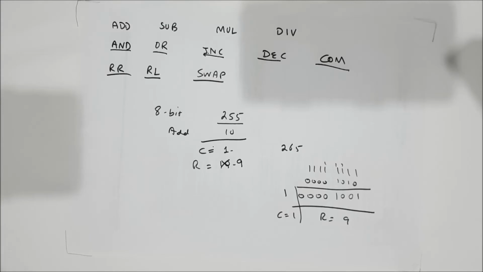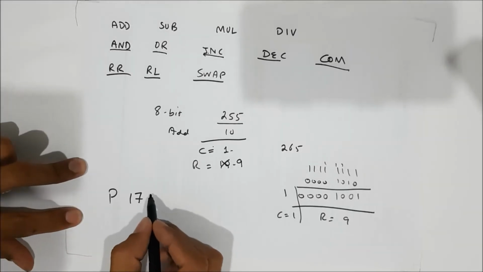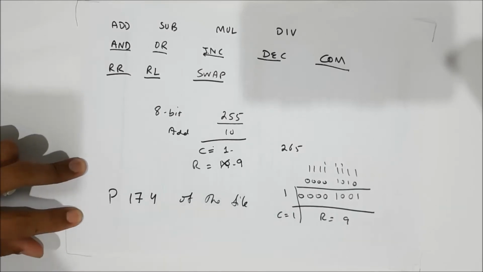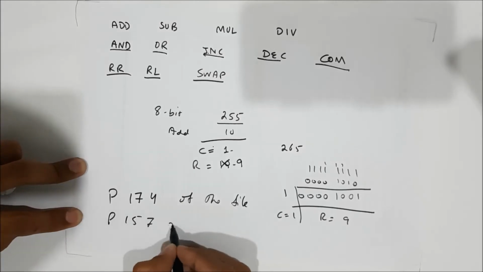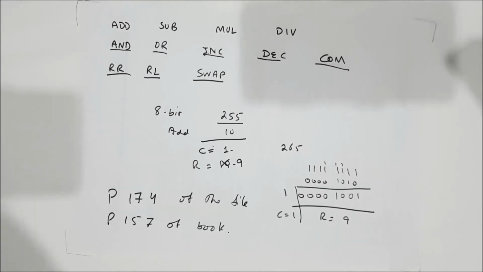We will do some examples from Mazidi's book, page number 174 of the file, and page number 157 of the book itself. That will clarify how these instructions can be used to perform operations on numbers that are greater than 8 bits.